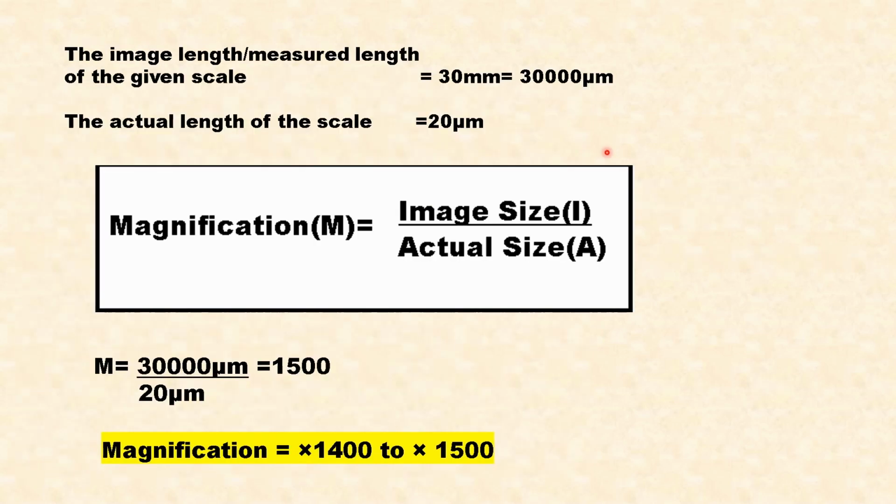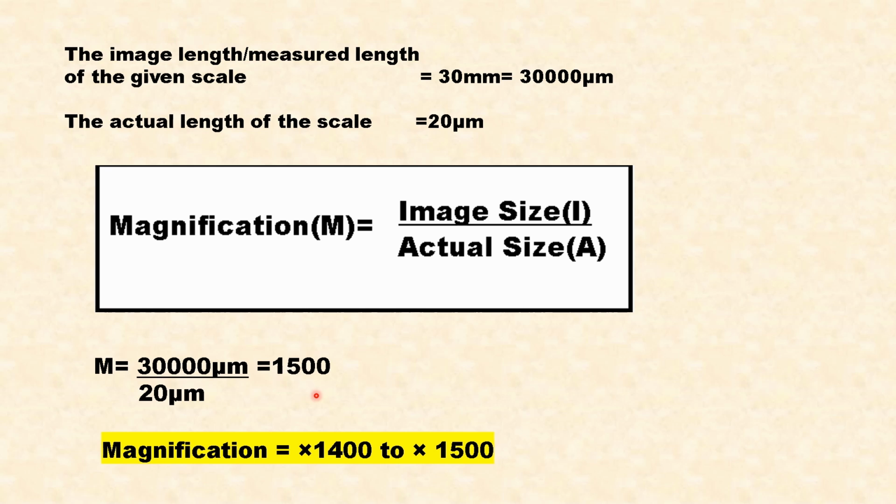Now let's do the unit conversion. 30 millimeters is equal to 30,000 micrometers, and the actual length of the scale bar is given as 20 micrometers. So again, we have to use this formula, and here the magnification is equal to 30,000 divided by 20, and it's about 1,500 times.